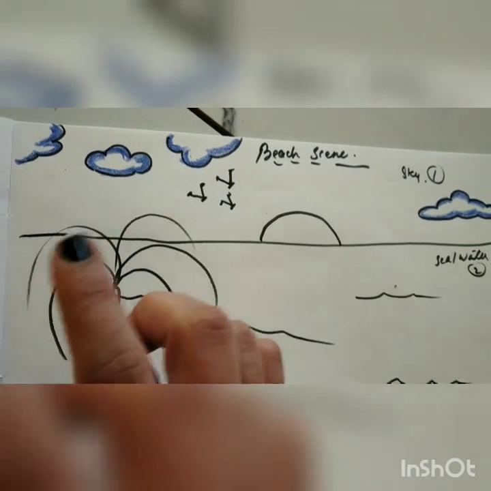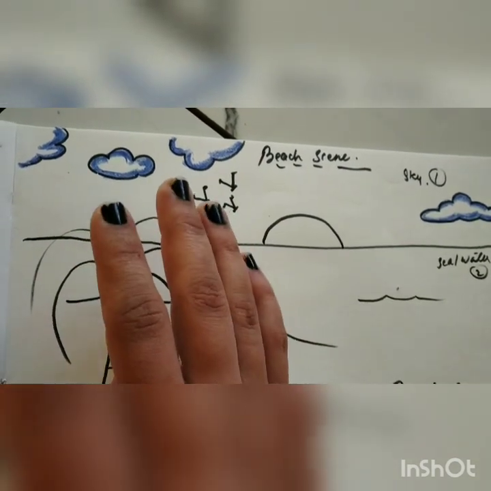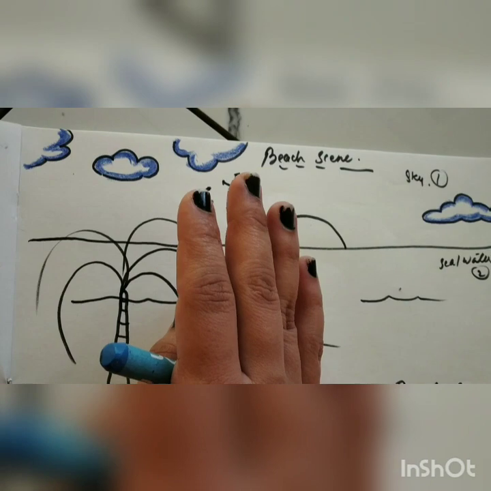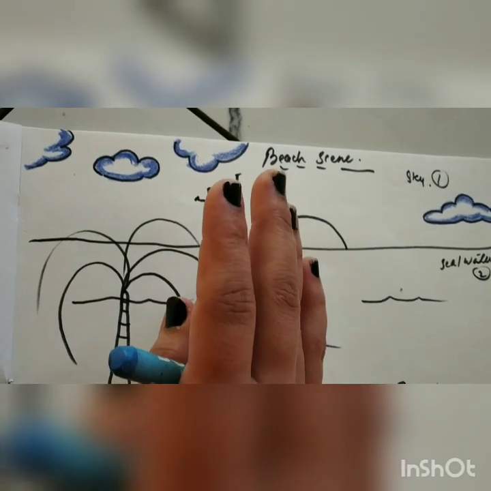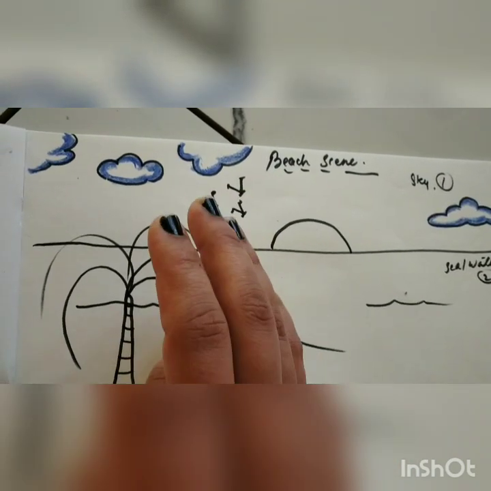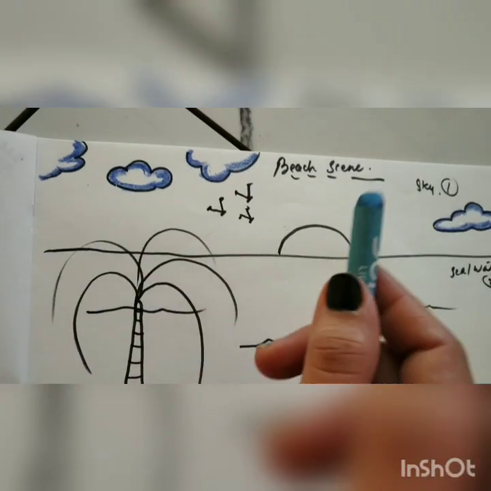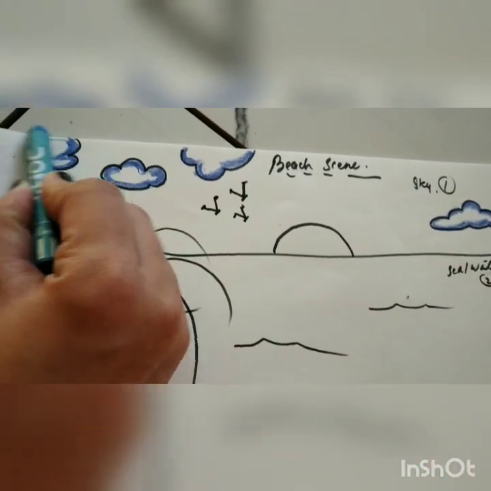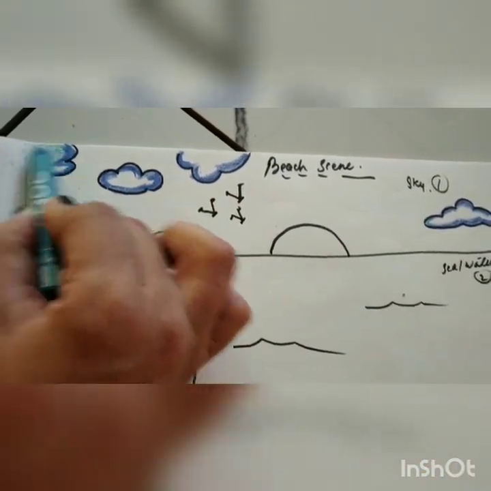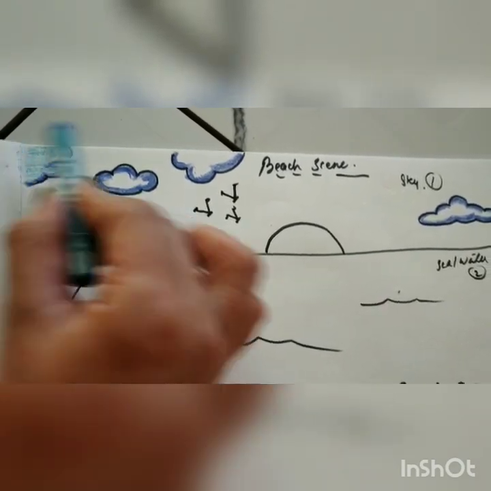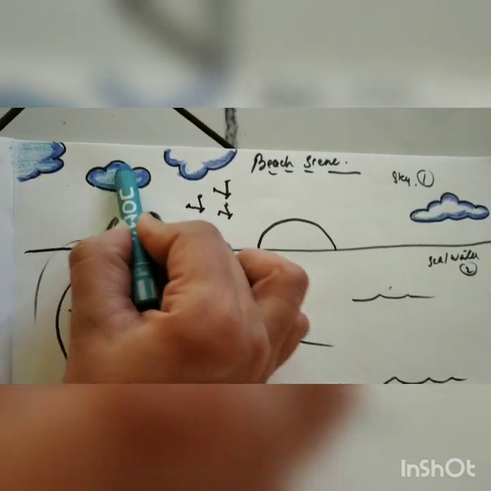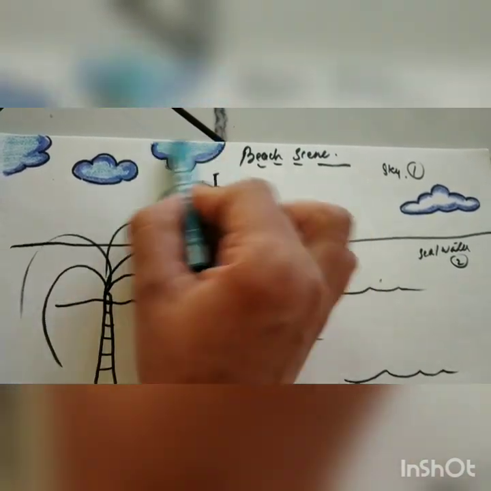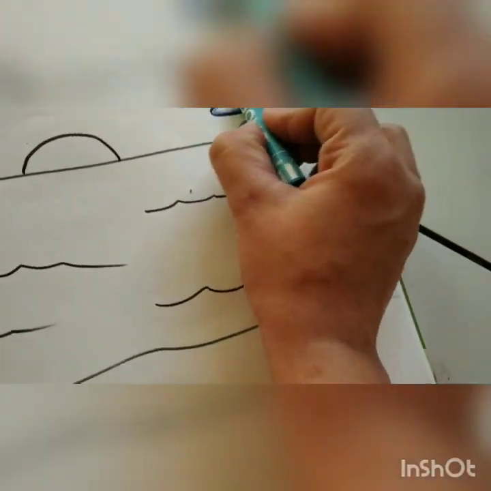So I suggest always whatever medium you're using, either you're using crayons or pencil colors, sketch pen, try to do the outline first and then color it. So now with the light blue color, I will fill inside and make sure that you do in the same direction. Do not change your direction while coloring.